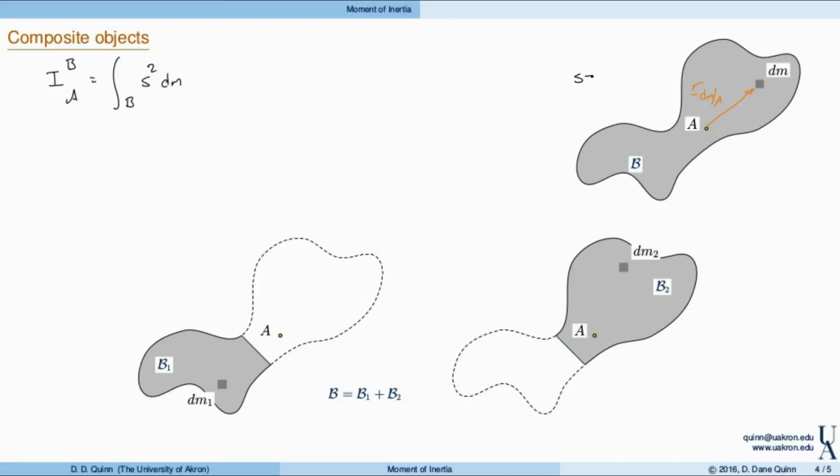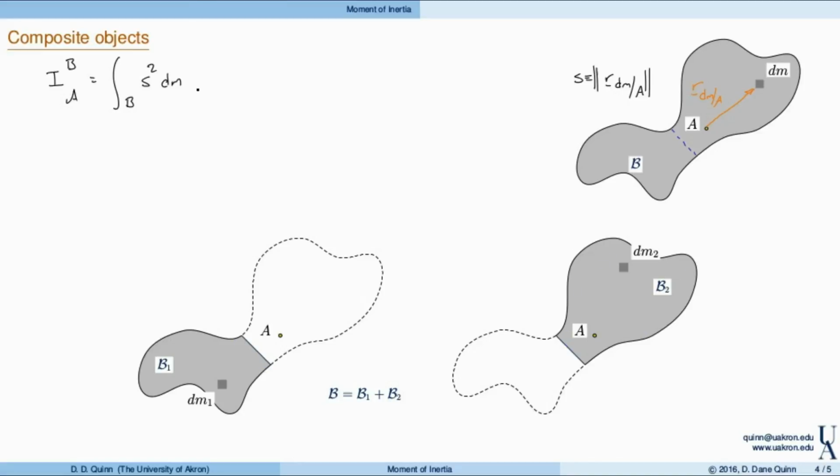Here, s is, again, the magnitude of the position of dm with respect to A. So now let's look at the object and think about that as being composed of two parts. Maybe here's where I separate the two. And again, they're really not distinct objects. They're combined. This is a composite object. But I want to treat this part separately from this part.